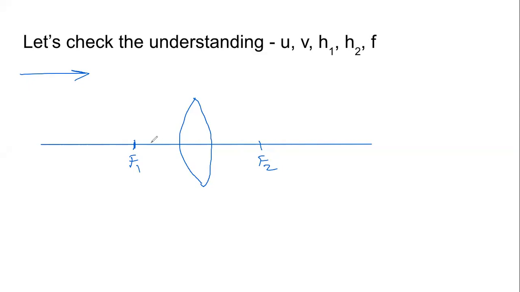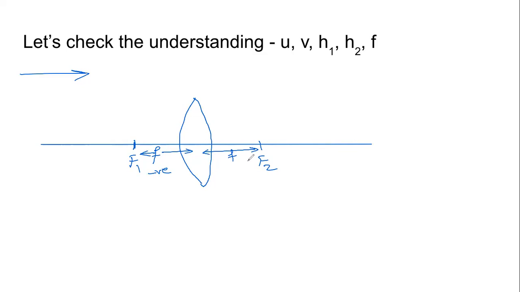Now tell me, this focal length F, is it positive or negative? It is negative because we are measuring on the left hand side. Correct. This focal length, is it positive or negative?